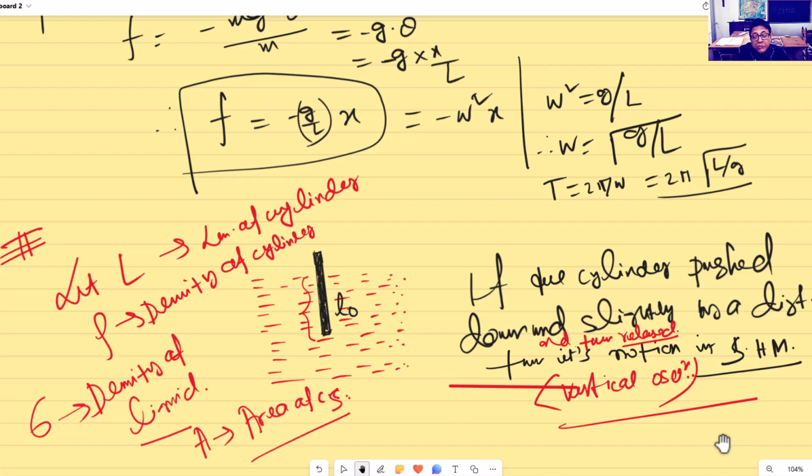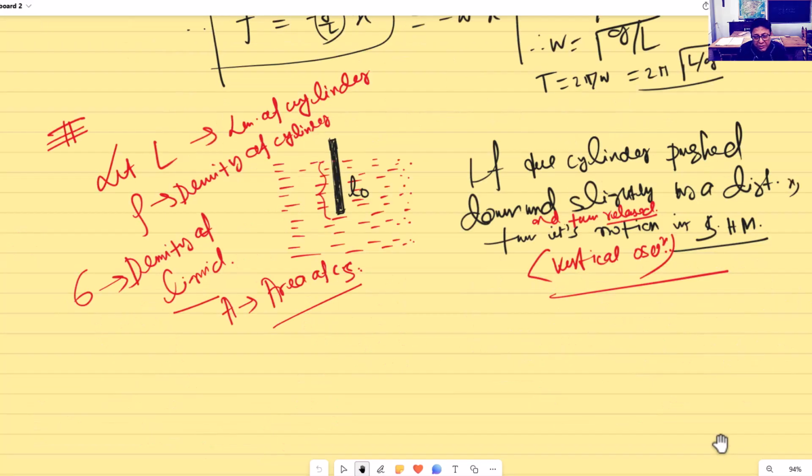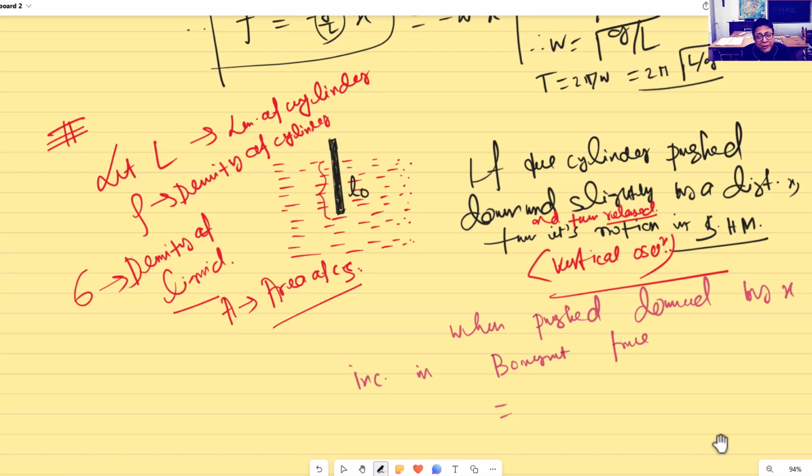So, when pushed downward by x, the increase in buoyant force will be what?